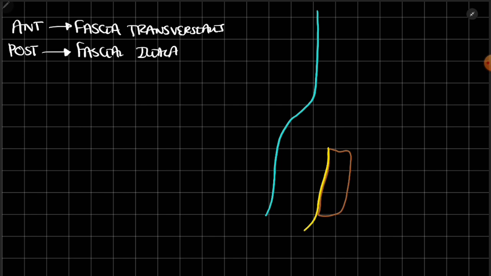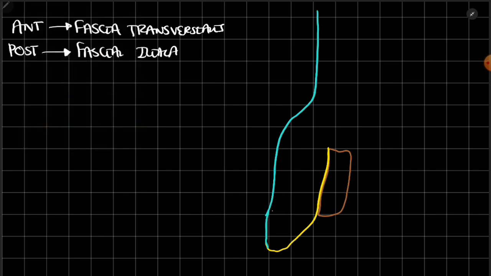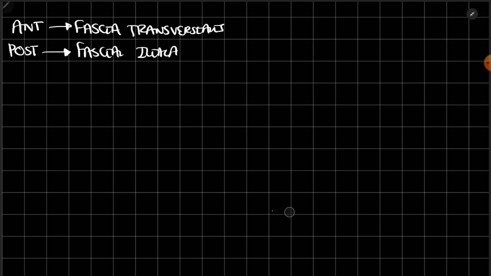One fascia, the fascia iliaca, comes from the iliacus muscle, and both the fascias join and give rise to a sheath. So this is the basic idea of the femoral sheath.